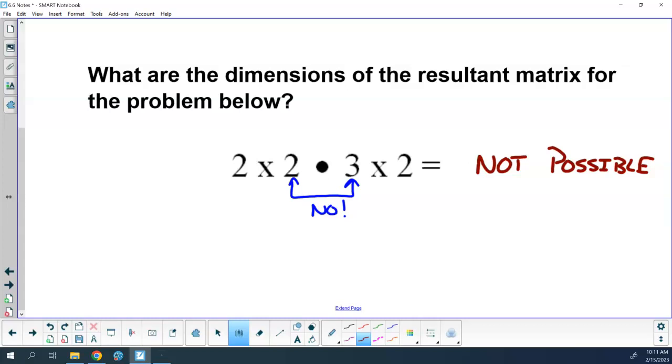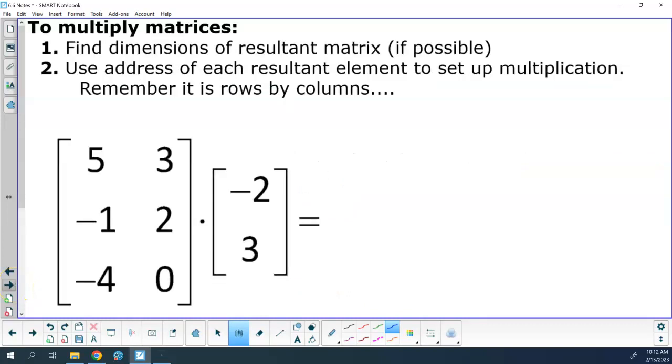Because then, in that case, it would be a 3 by 2 times a 2 by 2, and then I have those the same. Now I can do that. Okay? So again, in one order of them, it doesn't work. But if I reverse the order, it works. So order matters.